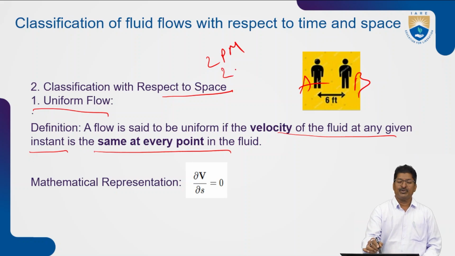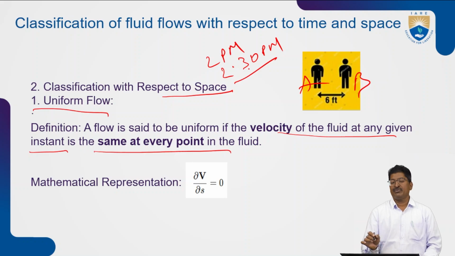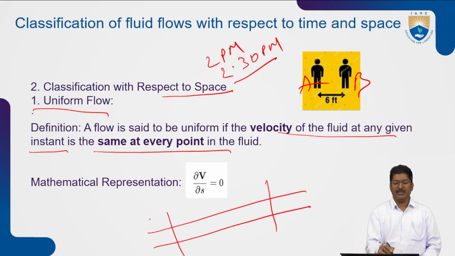Or at 2:30 p.m. If a pipe is there, from A to B, you can measure anywhere, but at the same time. So if you measure here at 2 p.m., here also 2 p.m., here also 2 p.m.